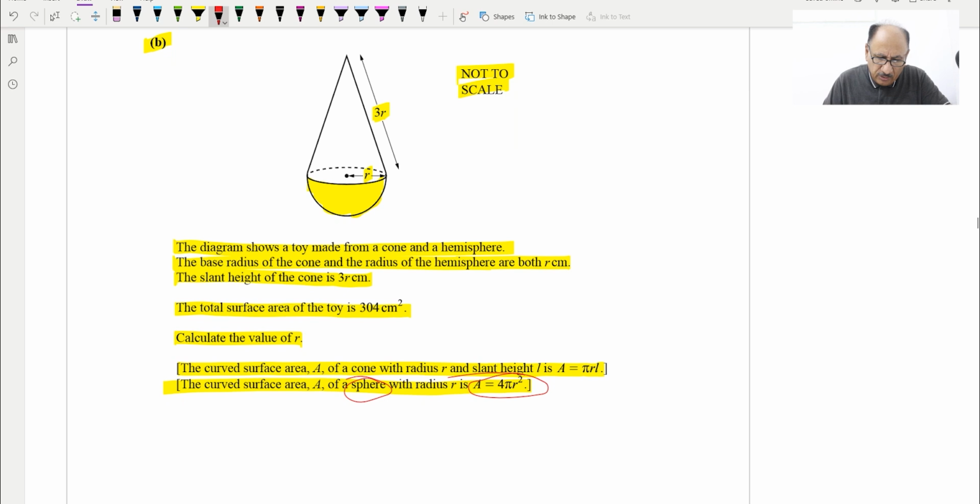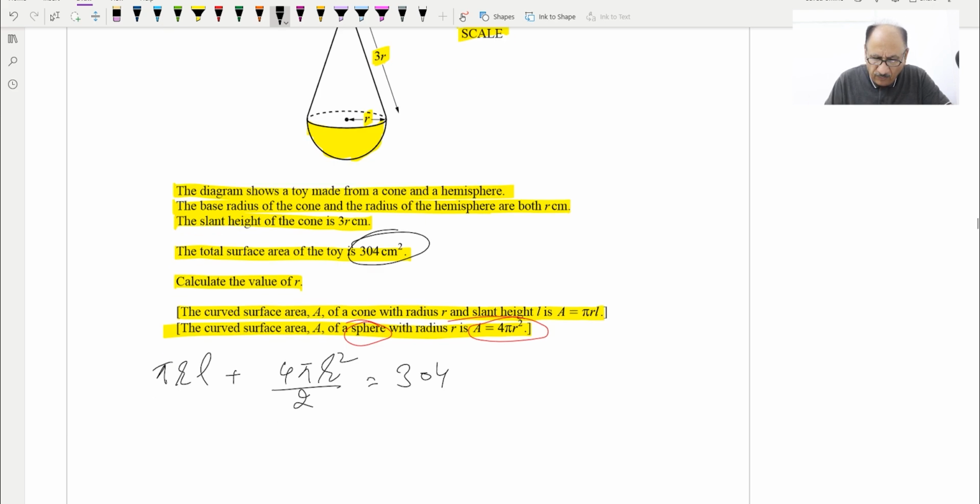So we need the surface area of the cone, which will be pi r l, plus hemisphere, which will be 4 pi r square divided by 2, and this is given equal to 304. So we form this equation.